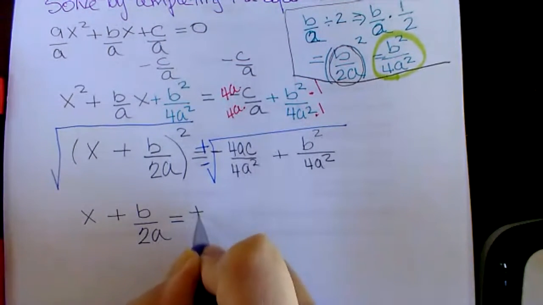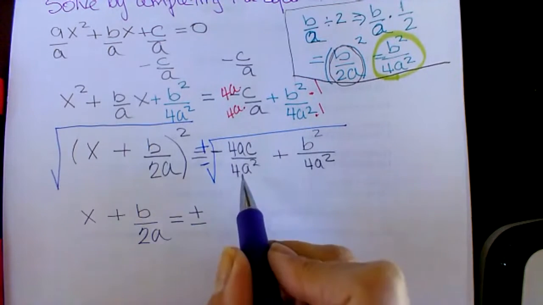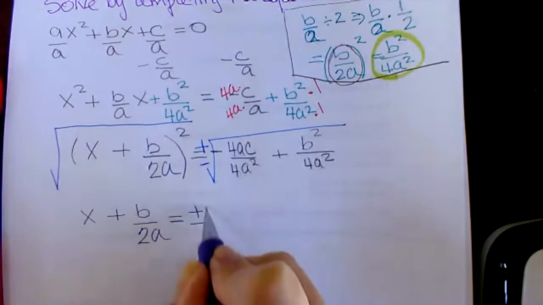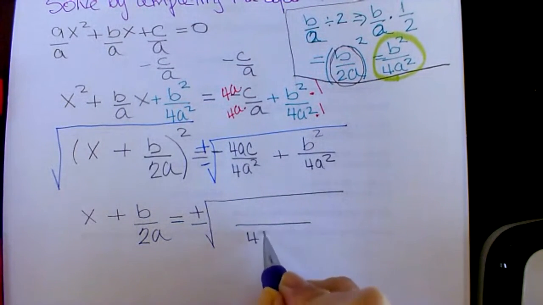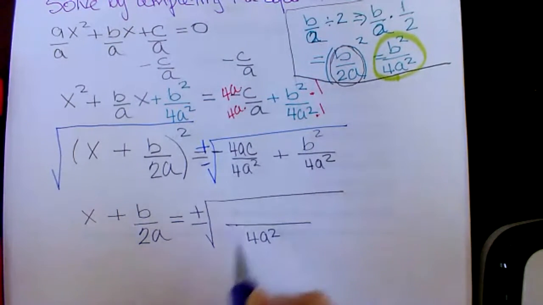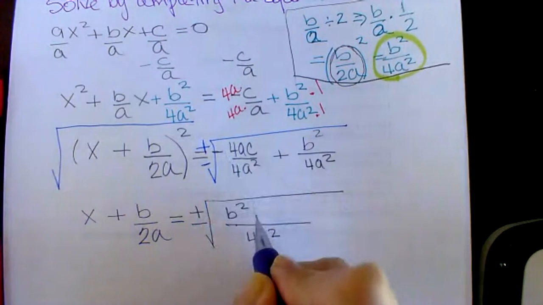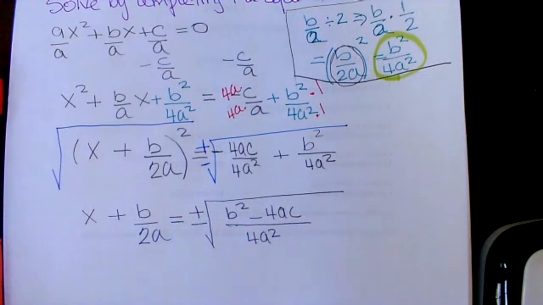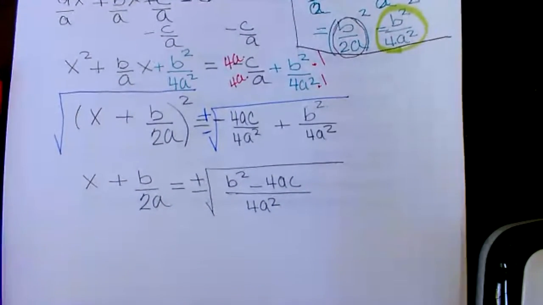And over here, we're going to have plus or minus, with the same denominator, 4a squared. We could do the b squared first. Remember, this is minus 4ac. And it's looking more like the quadratic formula, right? We're getting there.